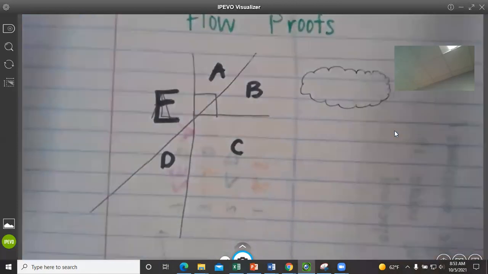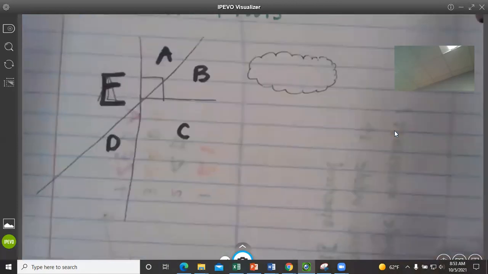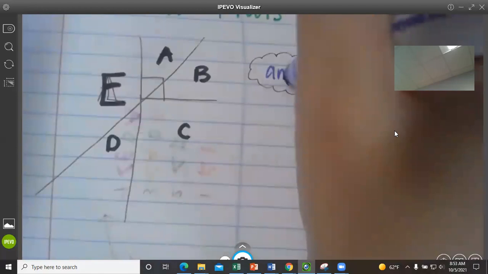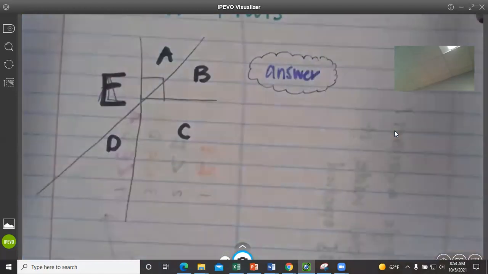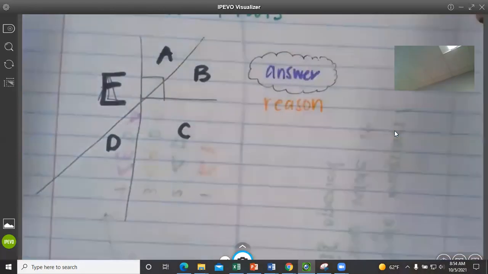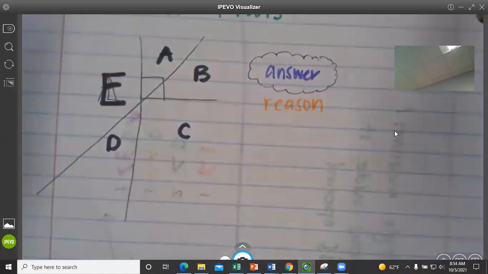Inside the cloud, you put the answer, and then underneath it, you put the reason. Your project and then your test coming up will be based off this.